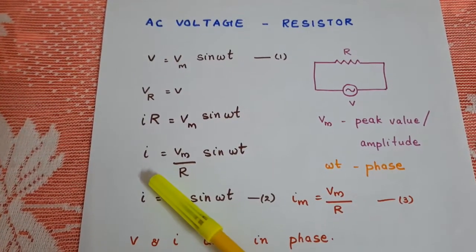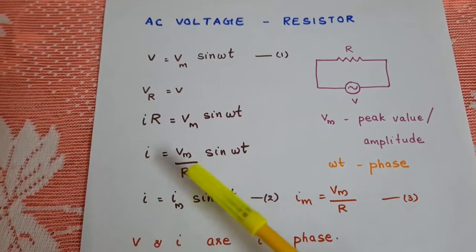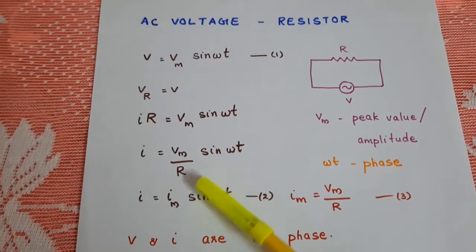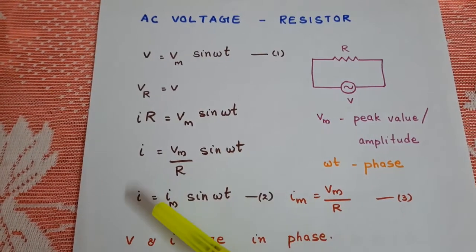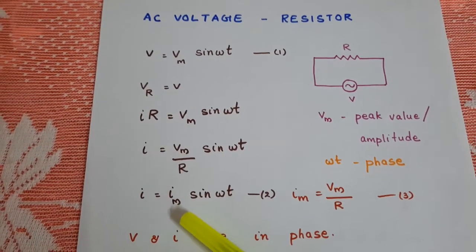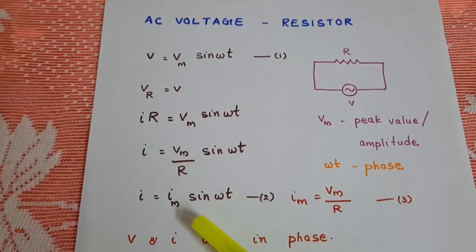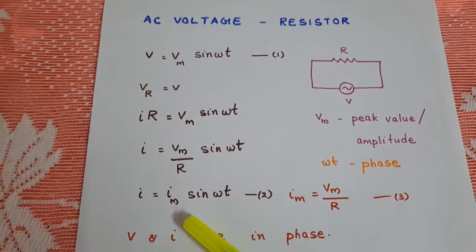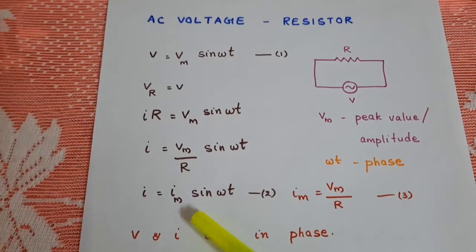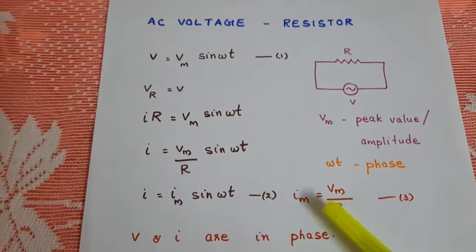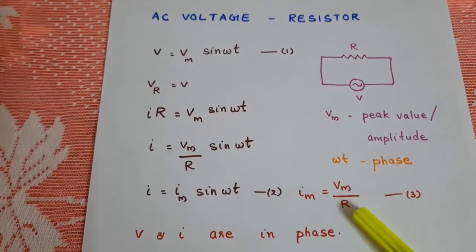So the instantaneous current I is equal to Vm by R sin omega t, or I is equal to Im sin omega t, where Im is the maximum value or peak value of the current and it is equal to Vm by R.